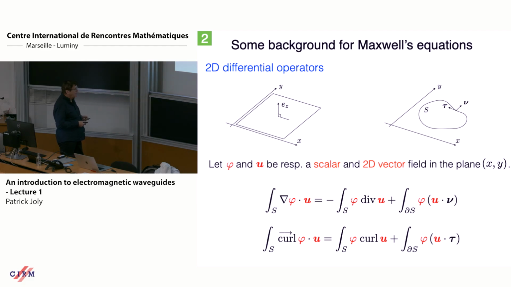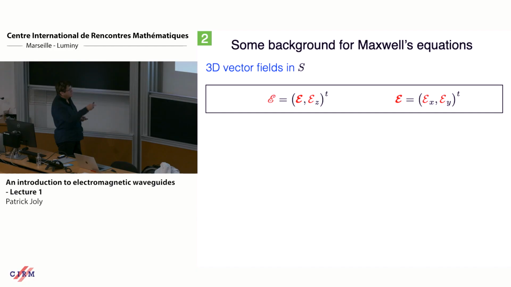And that's why you see that the normal trace is replaced by the tangential trace on the boundary. So from now, I will represent a vector field, a 3D vector field this time, as indicated here, with ez the longitudinal component, and bold E the transverse one.